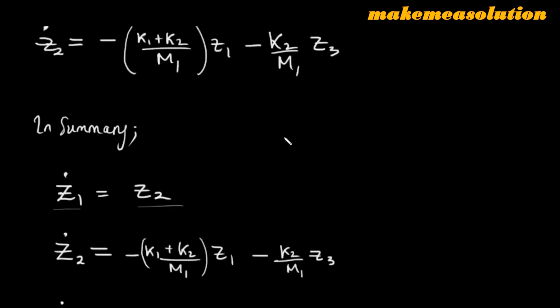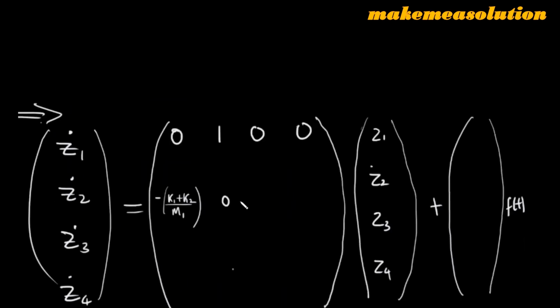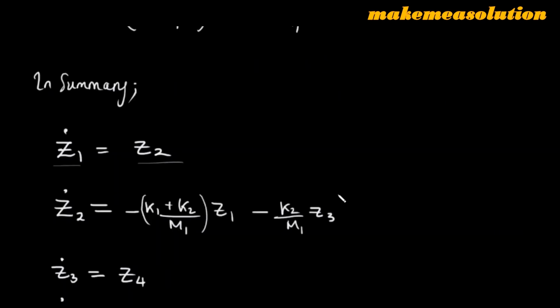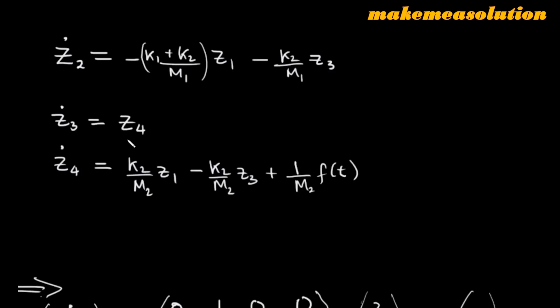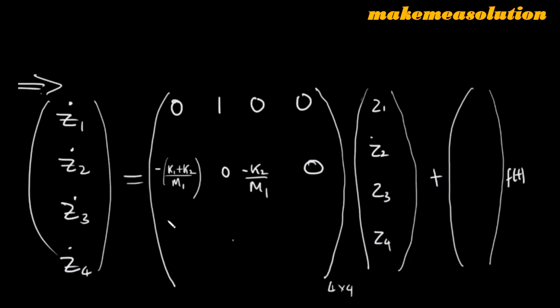But there's z3, right, giving us a coefficient of minus k2 over m1. So you now have minus k2 over m1, and finally z4 is 0. So z3 dot is going to be what? Only z4. So z4 is the only term there with a coefficient of 1. There's no z1, no z2, no z3, only z4.